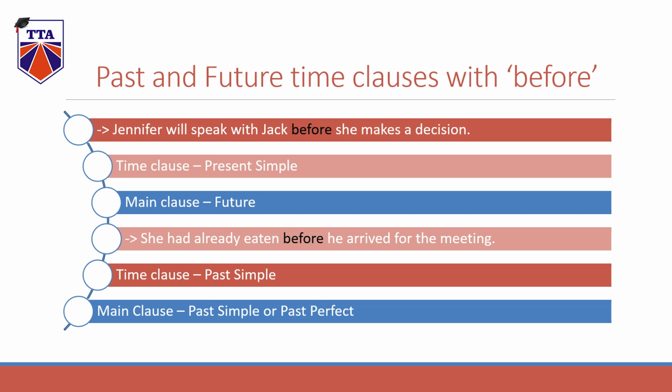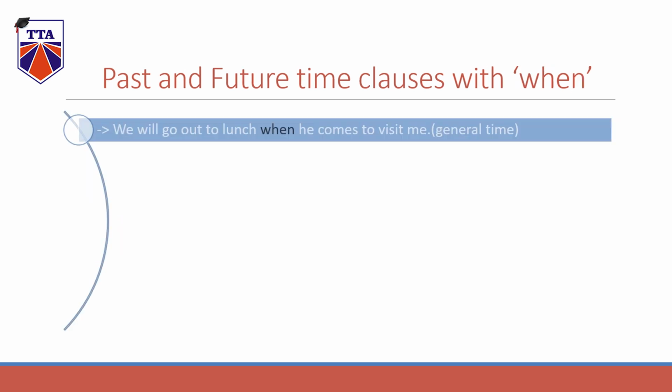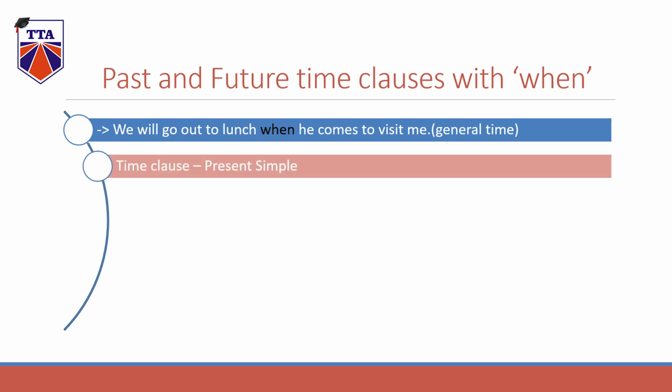Now let's discuss past and future time clauses with when. You can see on the screen the first example is we will go out to lunch when he comes to visit me. You can see this is a general time which has been used. So what is the time clause?